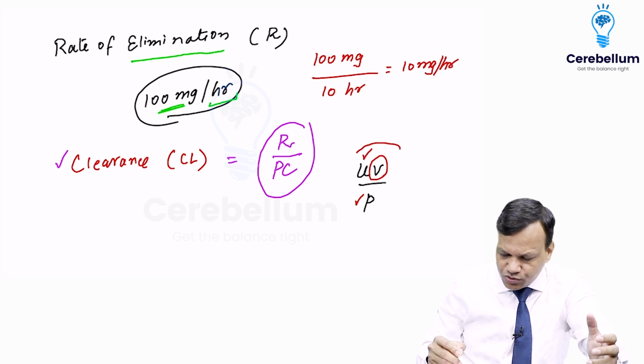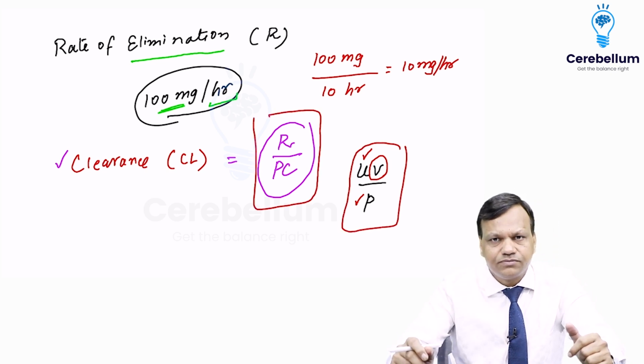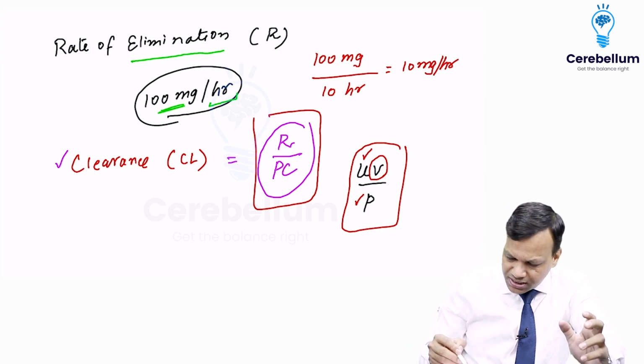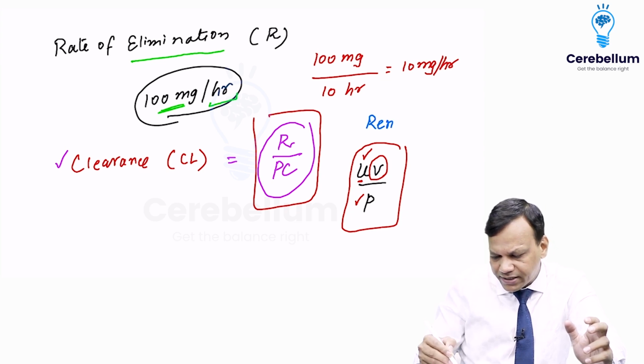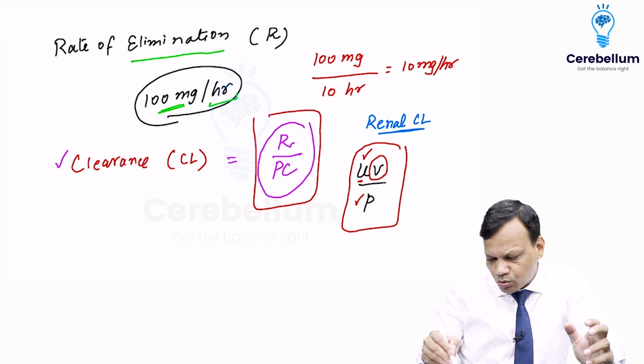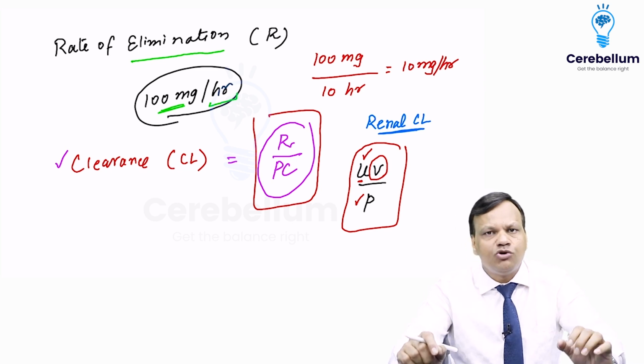In physiology we use UV/P, in pharma we use rate of elimination by plasma concentration. The difference is the U. In physio we were talking about renal clearance only, clearance through the kidney. So when we want to know how much the kidney is clearing, it will be UV/P.